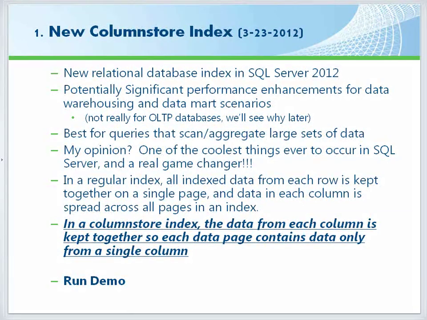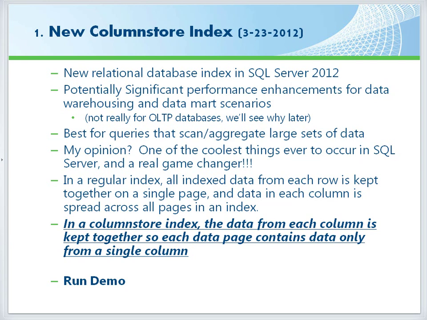Now, I'm going to do a demo here in just a second and take a look at specifically what's involved with the Columnstore index. But the thing to remember about a Columnstore index is that compared to a normal database index in SQL Server, a row-based index, all the index data from each row is kept on a single page, and the data in each column is obviously spread across all the pages of an index.